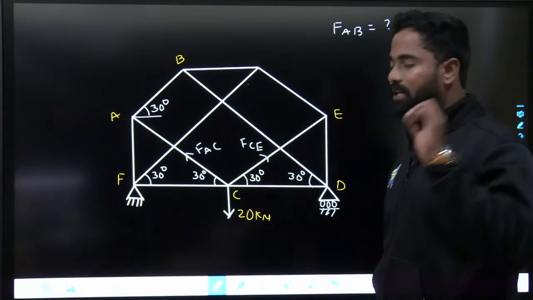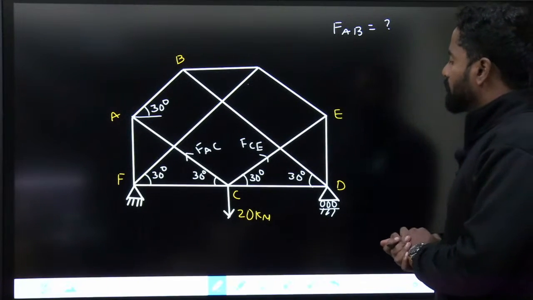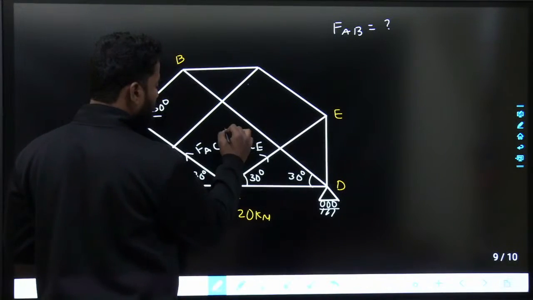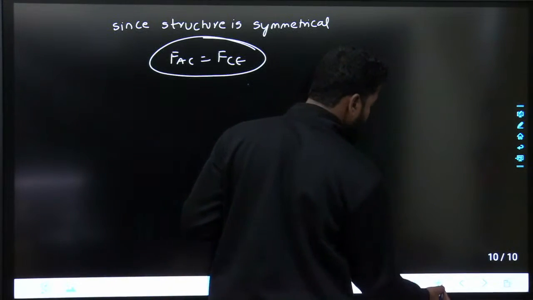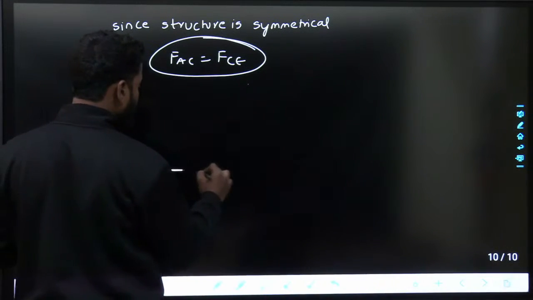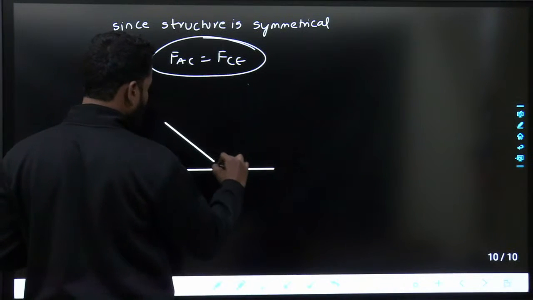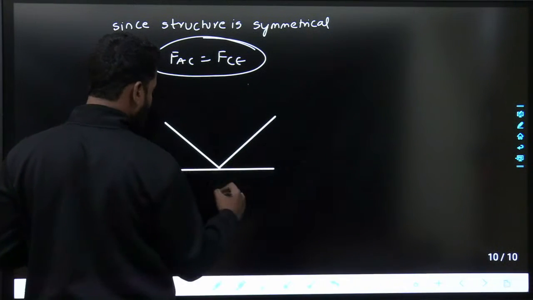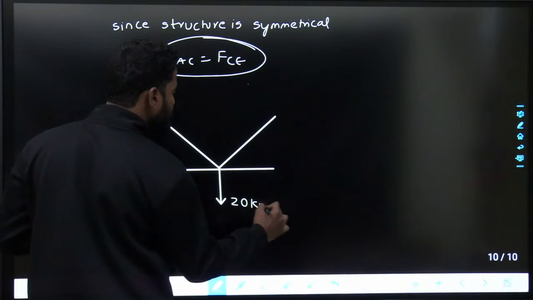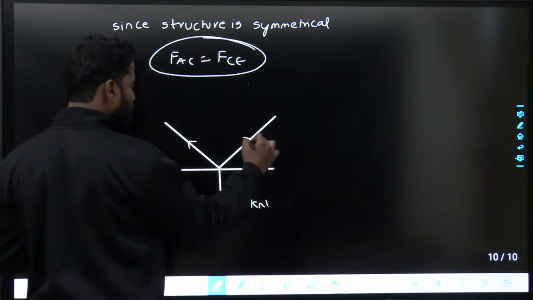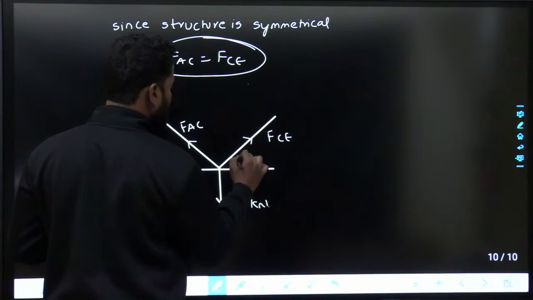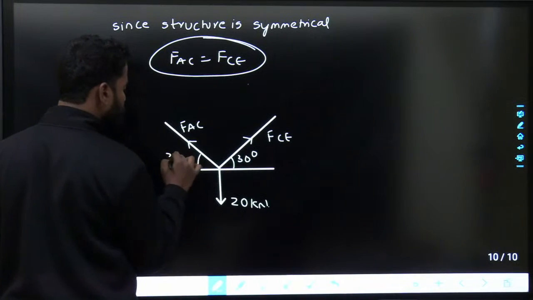If force in AC equals force in CE, now considering joint C, I'll take the sum of the forces in the y direction equals 0. Sir, you have not taught us the concept of symmetry. Now I am teaching you. This angle is 30 degrees, and this is also 30 degrees.